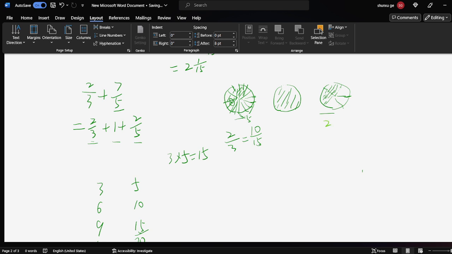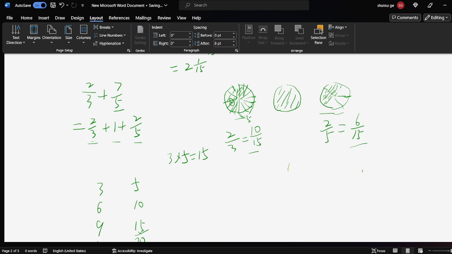Now I change it to 6 over 15. That means if we cut the whole pizza into 15 small parts, the 2 parts change to 6 parts. Now the denominators are the same because every small part is the same size, so we can add them together.